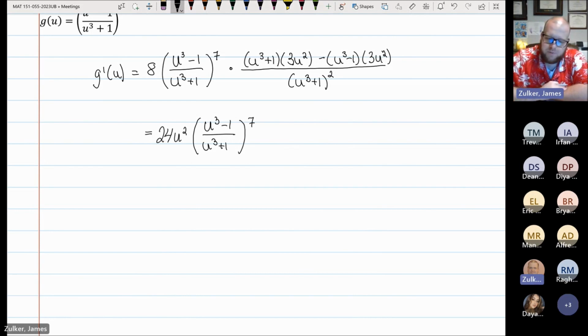u cubed minus u cubed is 0. 1 minus negative 1 is 2.